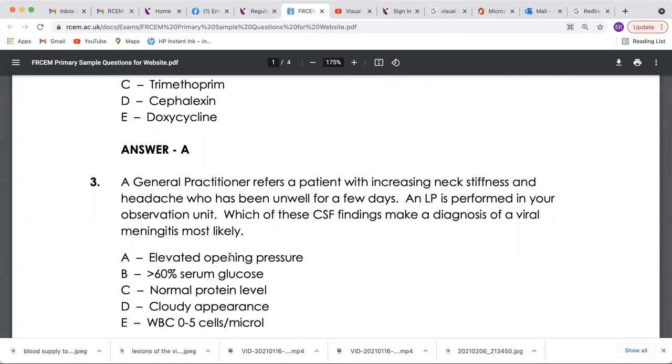The more specific for viral meningitis is elevated glucose, which is the B. However, if it is lower than 50%, most likely it could be either bacterial or tuberculous. So increased glucose more than 50 or 60% is most likely indicating viral meningitis in the CSF report. So that's another straightforward question.